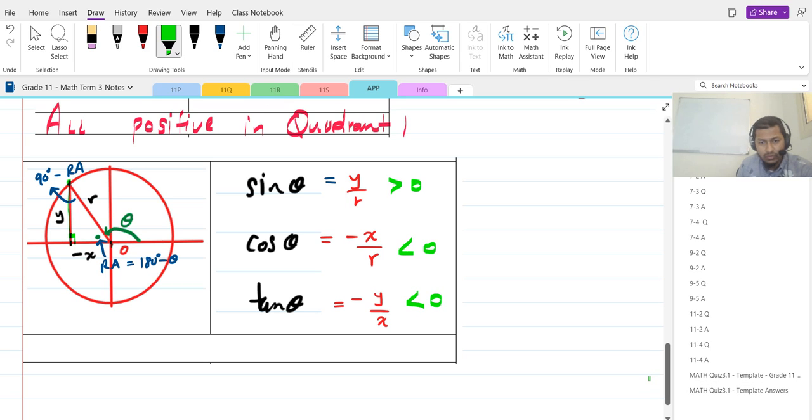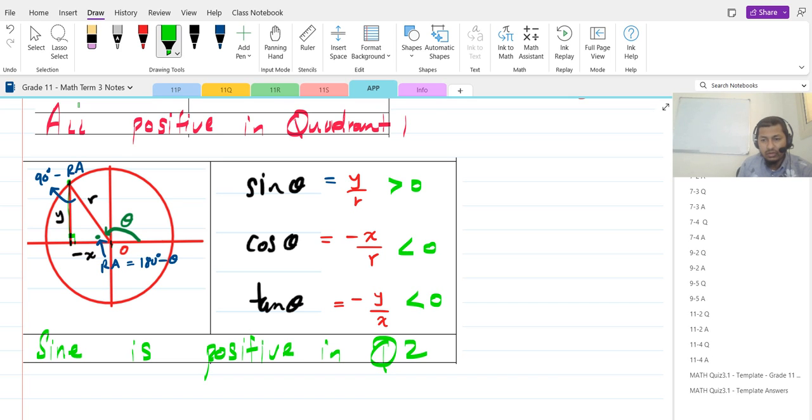So what do we have as a rule in the second quadrant? We say sine and its reciprocal ratio, cosec, are positive in quadrant 2.